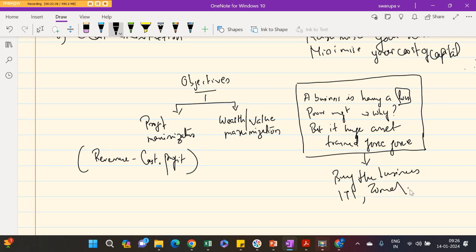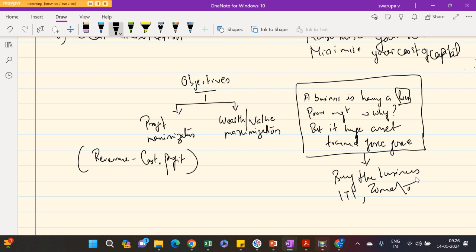Zomato, their financials, if you see, will be showing a loss, but still in the market their shares are being traded for a value because of the opportunities involved, because of the assets they are having, because of the workforce, the kind of business model that they have innovated.